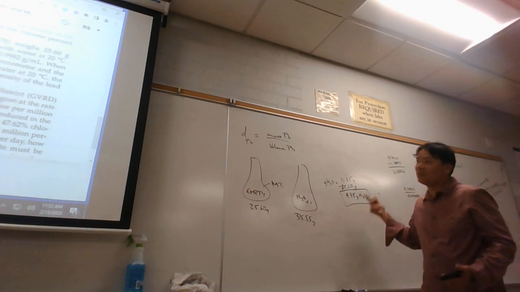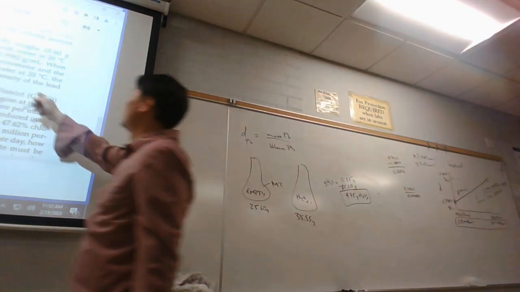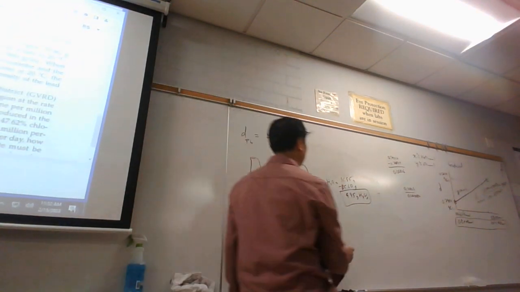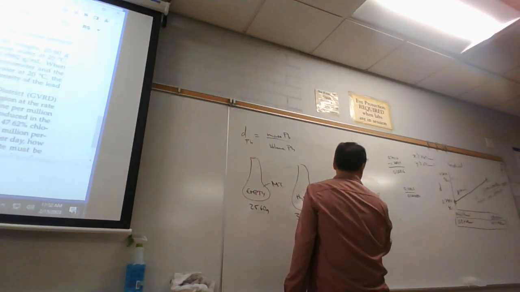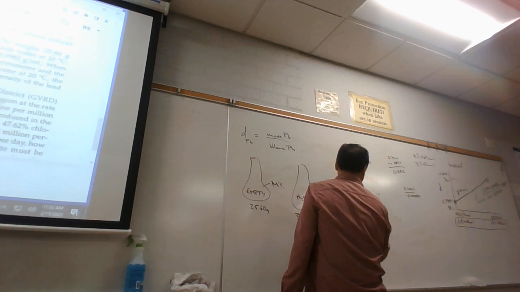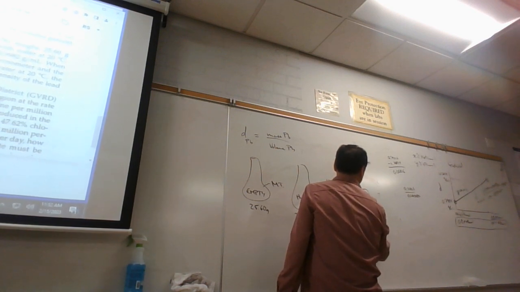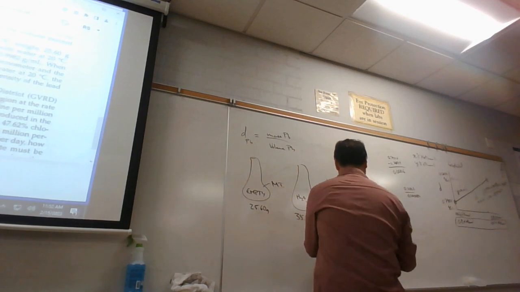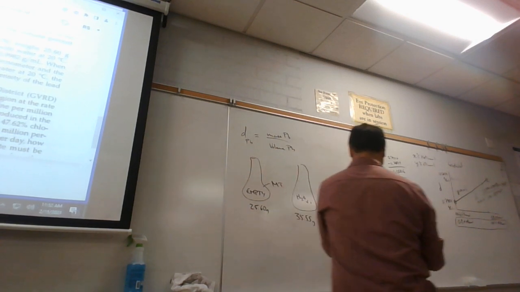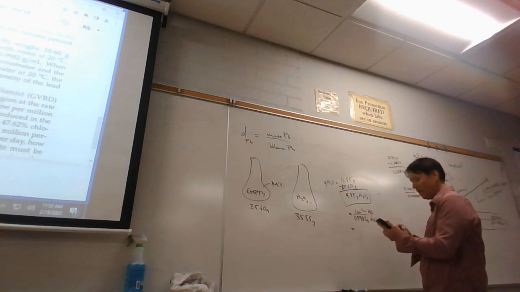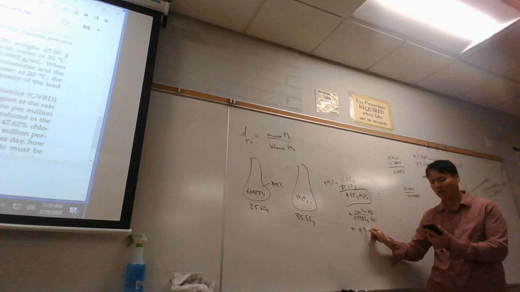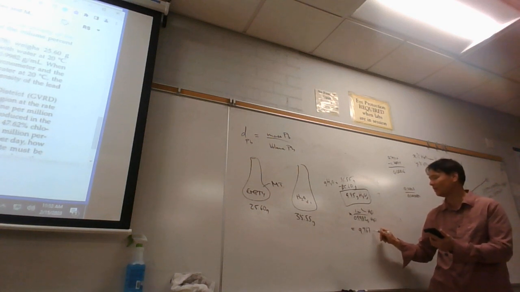Okay, if we have 9.95 grams of H2O, then we can figure out what the volume is using this precise density here, 0.9982 grams per milliliter. And so times 1 milliliter divided by 0.9982 grams for water. And this is going to give us a volume of, so I'll take this divided by 0.9982, 9.9679.